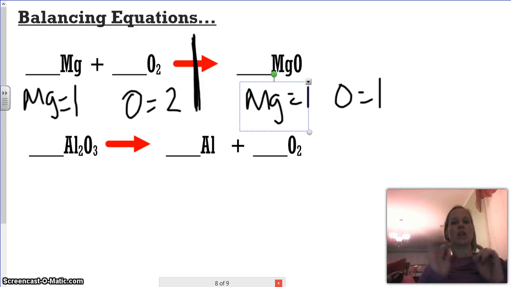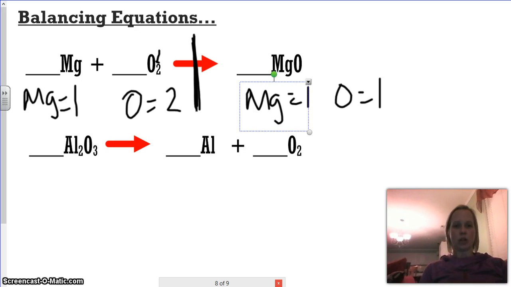You absolutely, under no circumstance, can add a subscript or change a subscript that is present. So as we can see, Mg has no subscript written, which means it's understood to be 1. I can't do anything to that subscript. It's the way it is. This one has a 2. I can't do anything to it. It stays as a 2. The only number I can adjust is the coefficient.